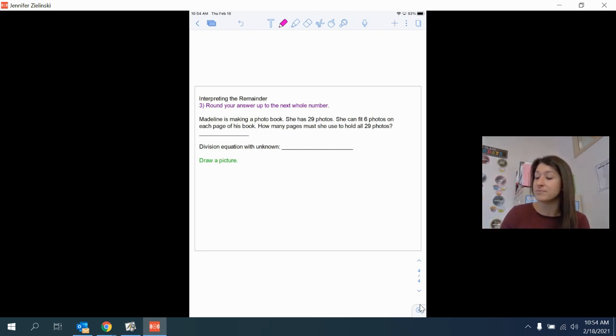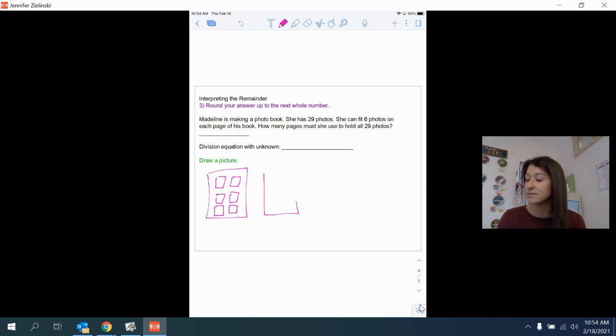So I'm picturing my page, and I can fit 6 pictures per page. I want to see how many pages in this book I might need. I've got 12. I've got 18.